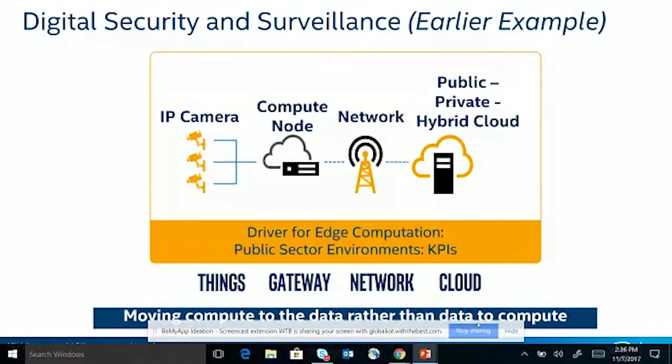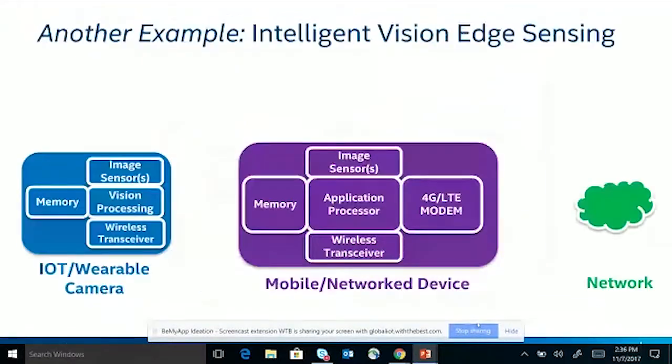So if we look at an example around vision, since we shared a camera, I'll share a little bit about the visioning aspect. If you were to have on a camera, an IoT wearable camera, and you were to look at having sensors and processing, part of the opportunity for a development platform might be in basically ingesting some of the computation from the lens of the camera, and then looking at how to transform that and compute that into information.